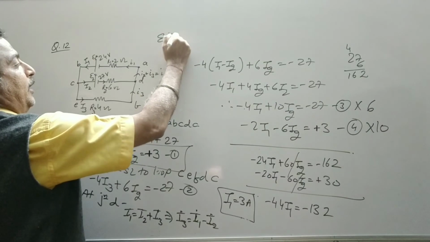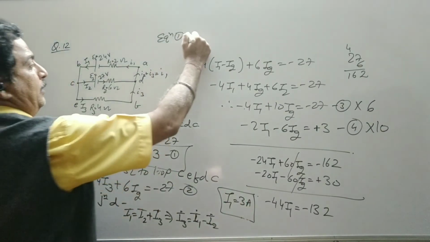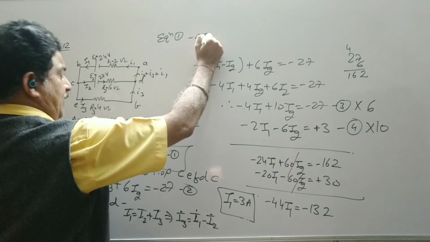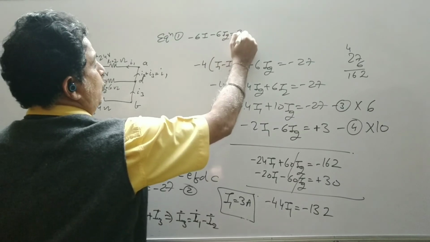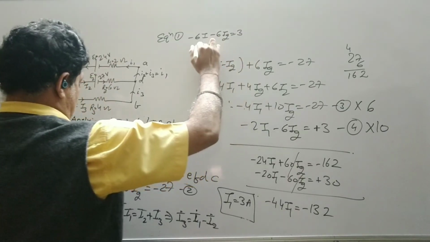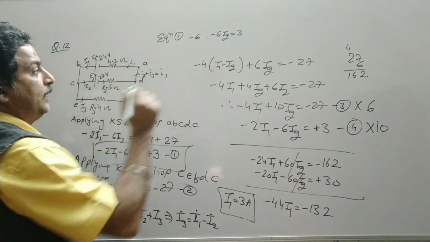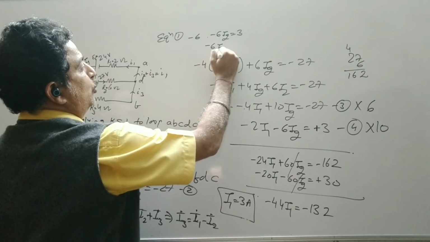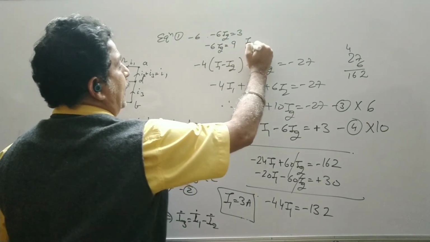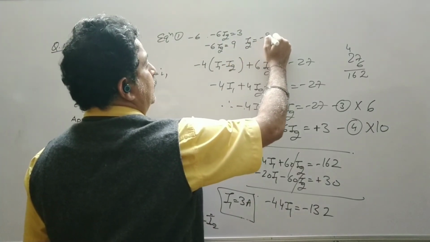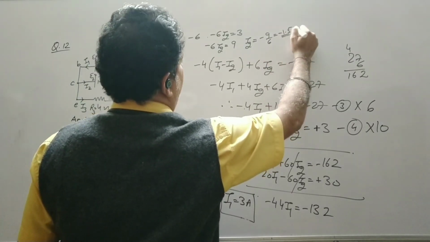So minus 6 I2 is equal to 3 with I1 taken as 3, so minus 6 I2 is equal to 9. So I2 is equal to minus 9 by 6, that is minus 1.5 ampere.